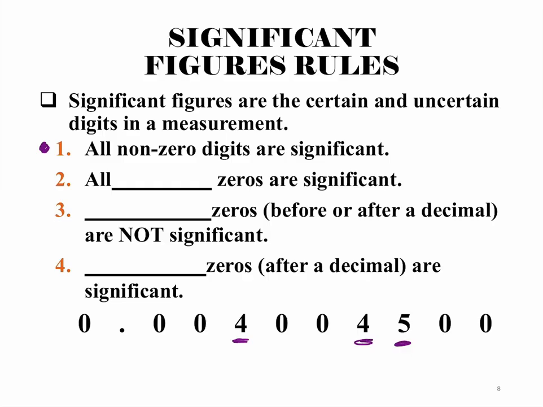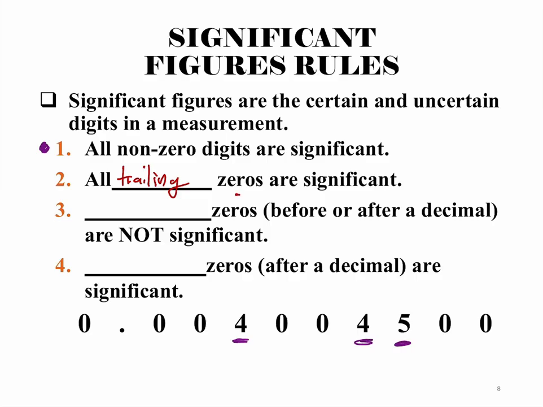And then all trailing zeros are considered significant. What do I mean by trailing zeros? Well, a trailing zero is going to be any zero that comes after a decimal place and after a significant non-zero digit.